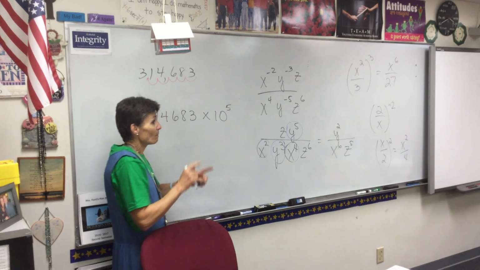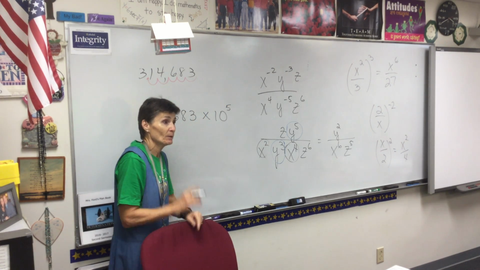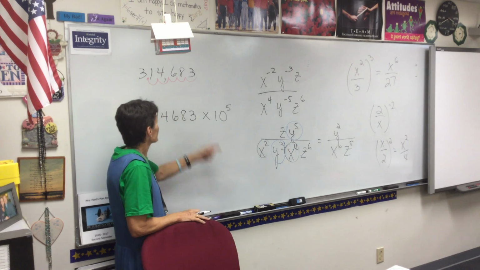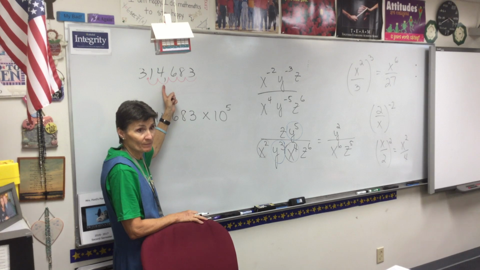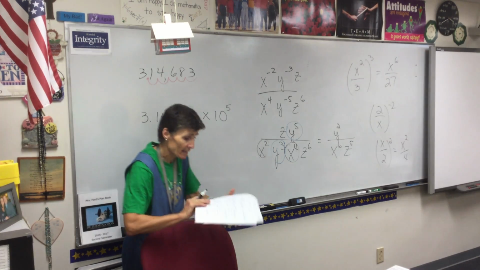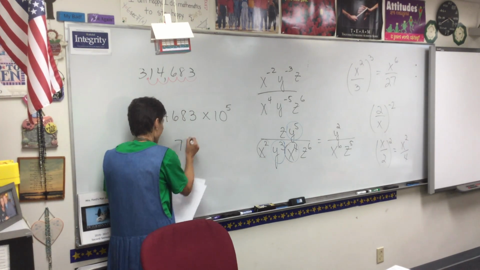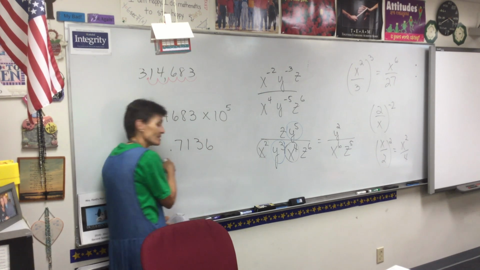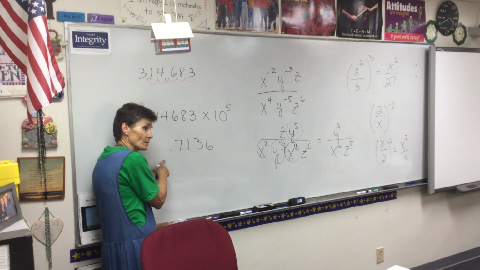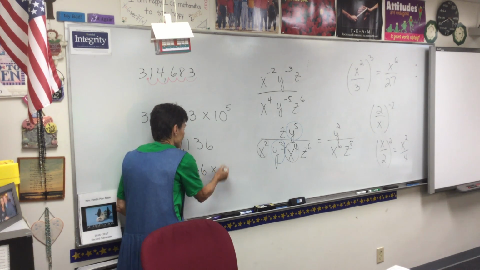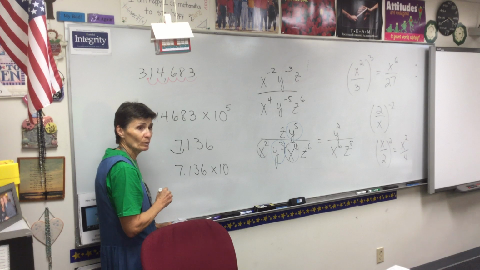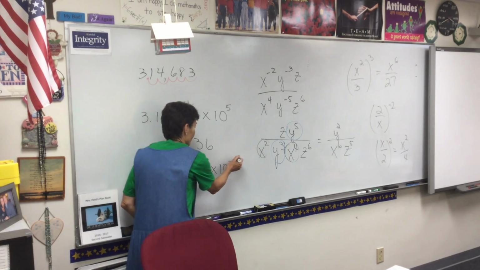Now, sometimes we put a positive 5 and sometimes we put a negative 5. If it's a big number, it's going to be a positive exponent. If it's a little number, like the next one, 0.7136, this is a little number, guys. So I'm going to move that decimal point, 7.136, but now my exponent will be negative.